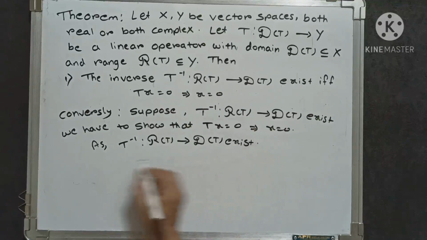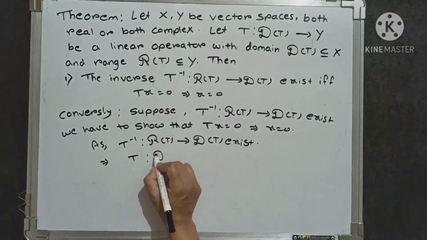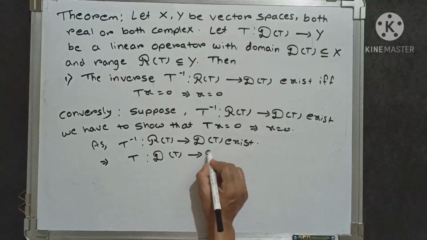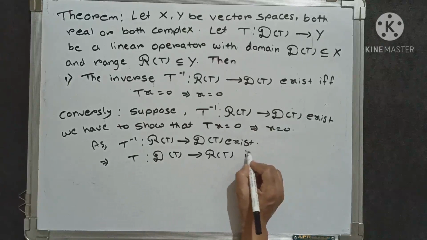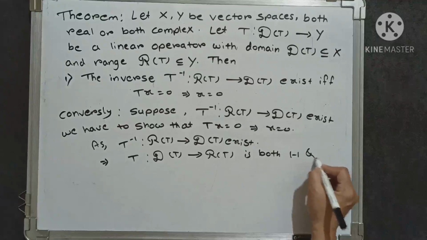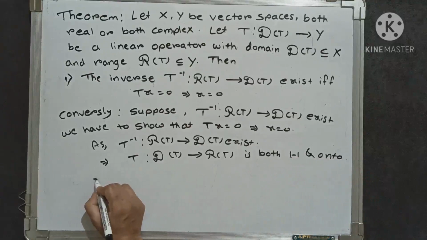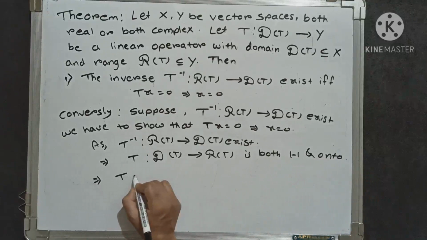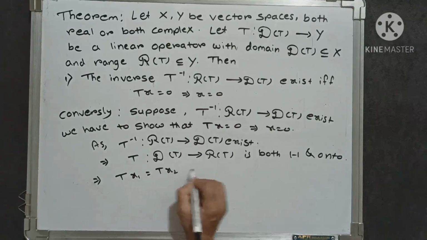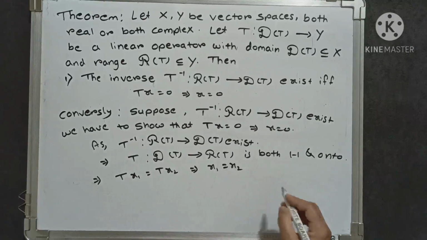As given, T inverse, which is from script R of T to script D of T, exists. Inverse exists implies that the mapping is both 1-1 and onto, implies that T from script D of T to script R of T is both 1-1 and onto. As the mapping is 1-1, this implies that Tx1 equals Tx2 implies x1 equals x2.